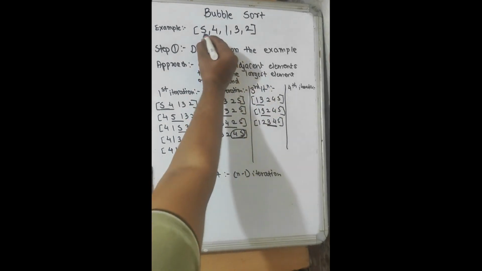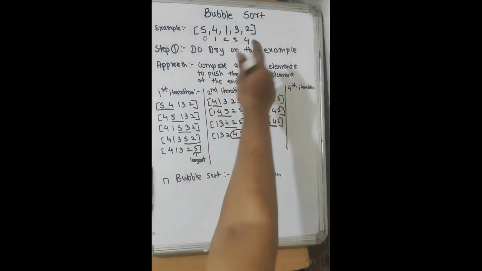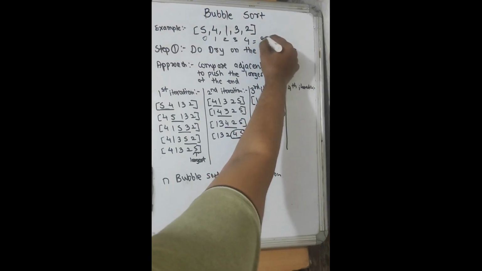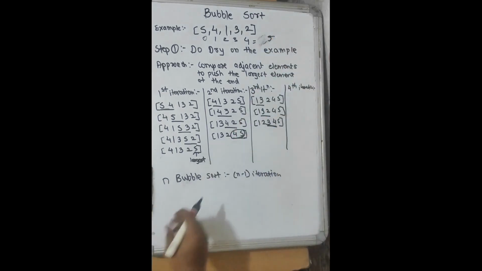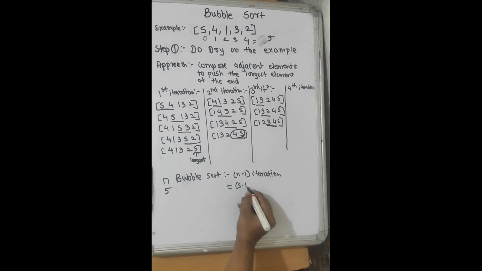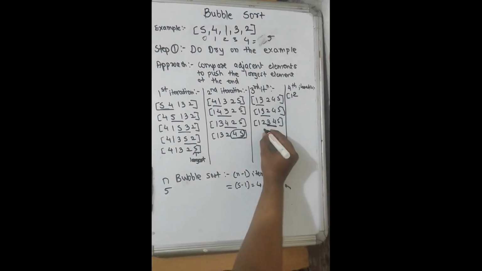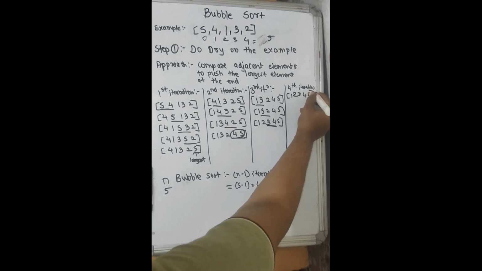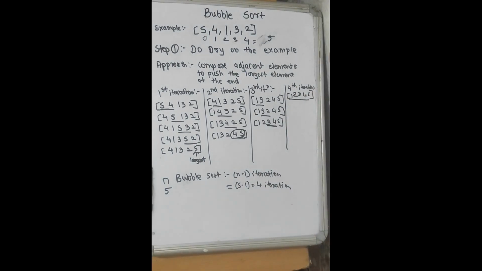So for a size 5 example, we need to do 4 iterations. So lastly we can see here, from here we will take it. Now this is all sorted, so no need to do anything.